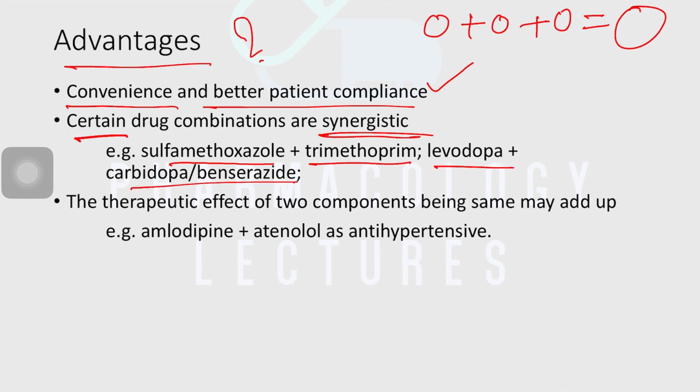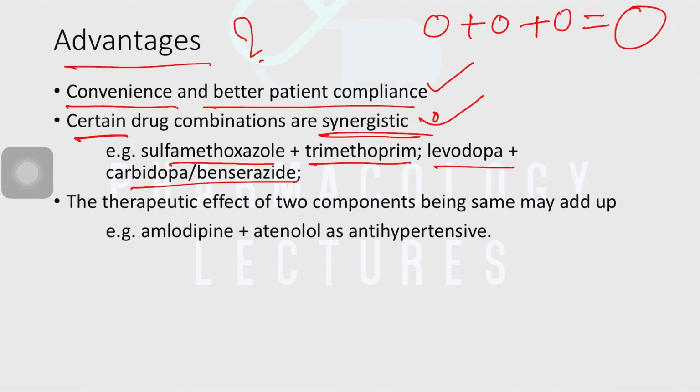In the same way levodopa and carbidopa in patients of Parkinson's disease, it becomes easier for the patient to take the medicine, and also the effectiveness of this combination medicine increases. So the second advantage is the synergistic action of 2 drugs.